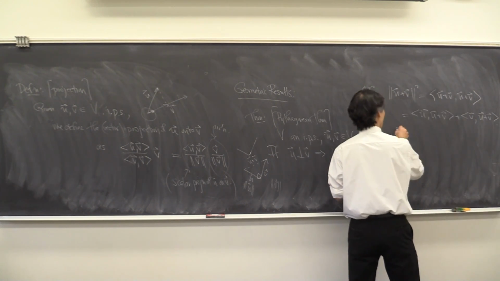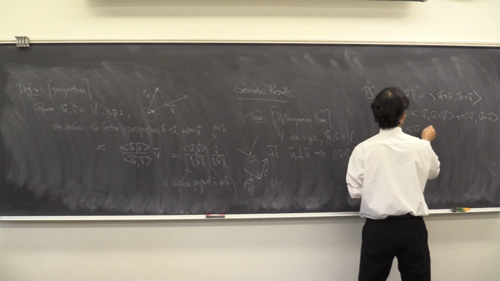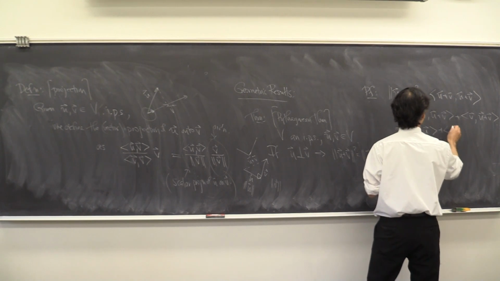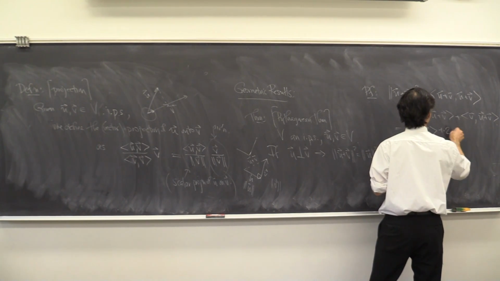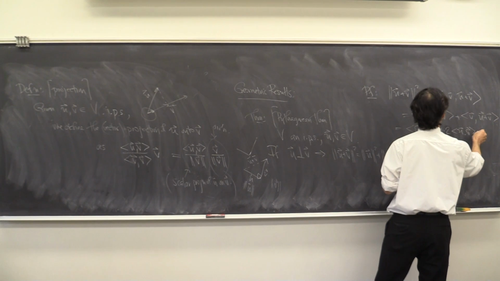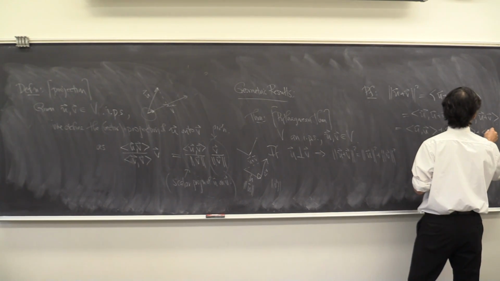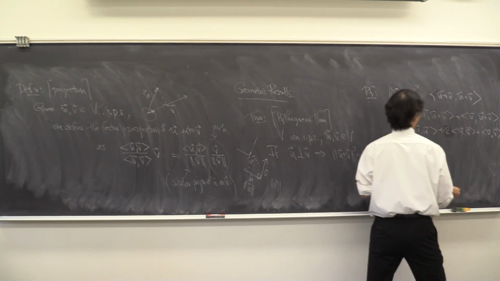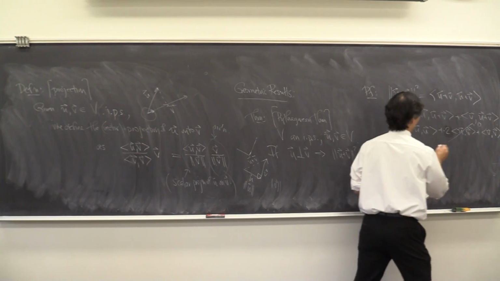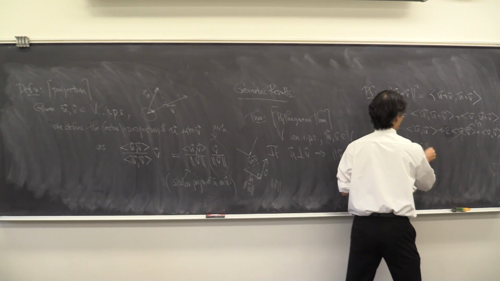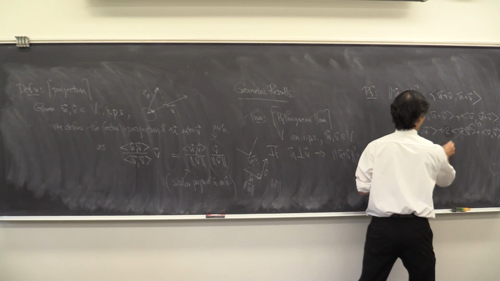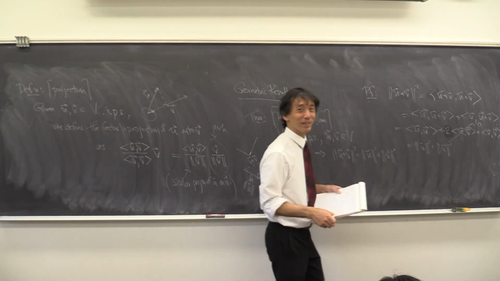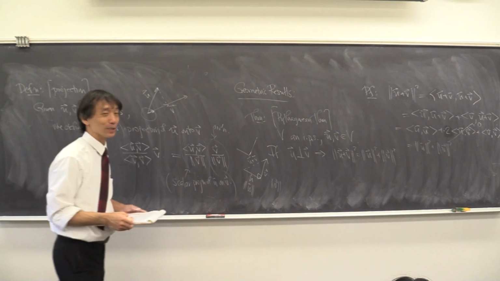Then I split it one more time into the inner product of u with itself, two times the inner product of u and v, and the inner product of v with itself. Because u and v are perpendicular, the inner product of u and v becomes 0. There you go. I'd give you 2 points on the exam for that.